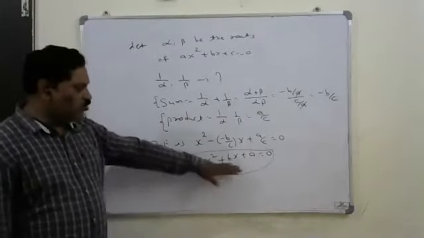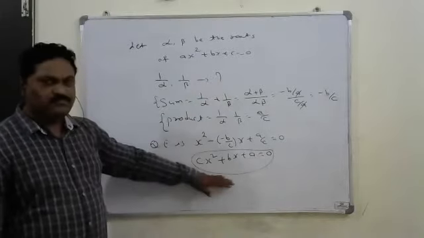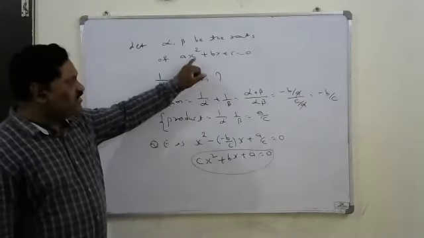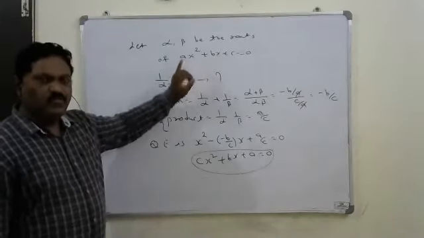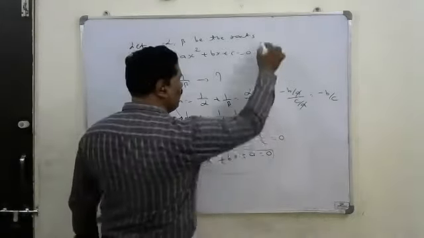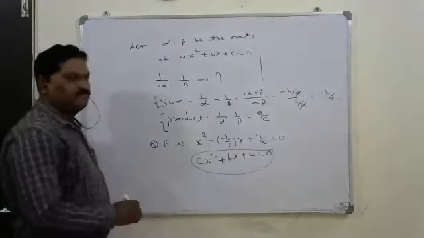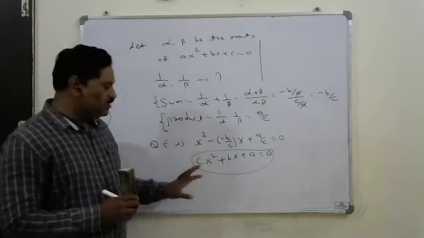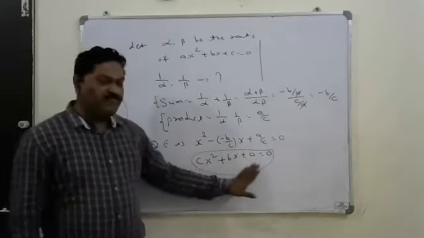Understand? Now observe both these equations once. If you want to get this equation, what do you have to replace? Here, the coefficient of x square and the constant term, the first and the last, are interchanged.